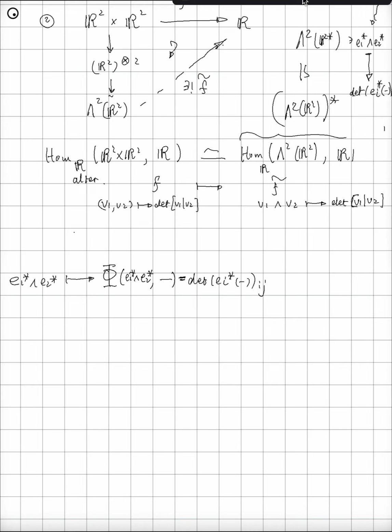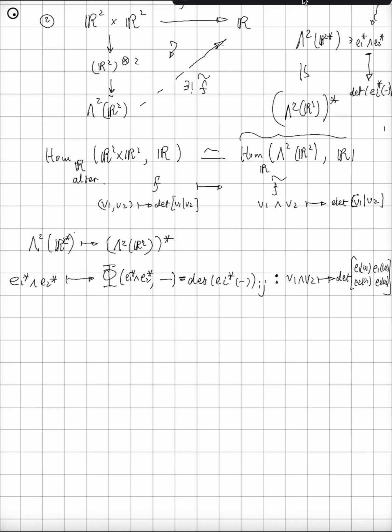And there is this isomorphism from wedge of dual to the dual of wedge. And this one, dual of wedge, maps a vector to a real number, which is determinant of E1, V1, E1, V2, E2, V1, E2, V2.